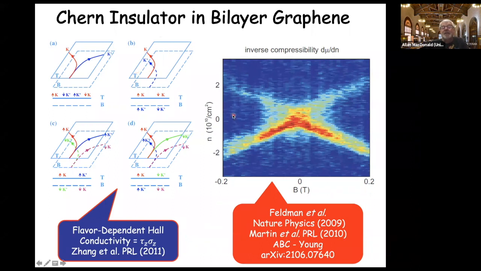The way that appears experimentally is if you look for energy gaps in this system, and this is from old experiments from Amir Yacoby's group, it shows that there's an energy gap at a density that depends on magnetic field. As you know, this is an indication of a quantum Hall effect. The fact that it persists essentially down to 0 field means that there's a nearby state, not quite the ground state it turns out, that has a quantum anomalous Hall effect.